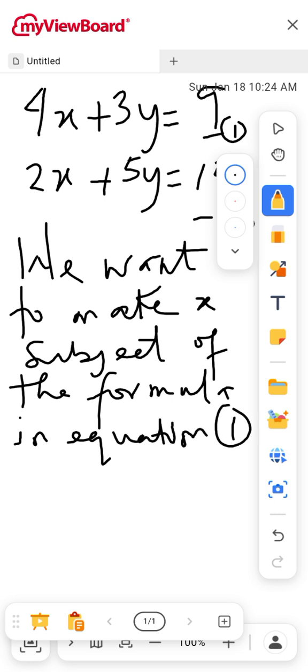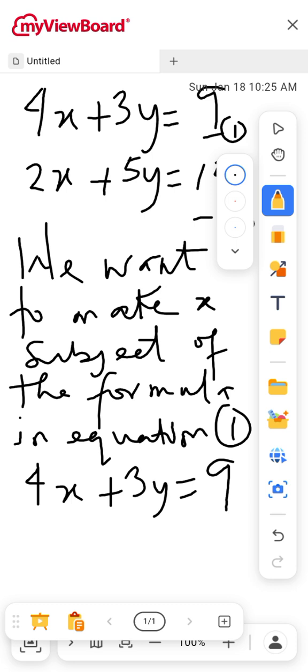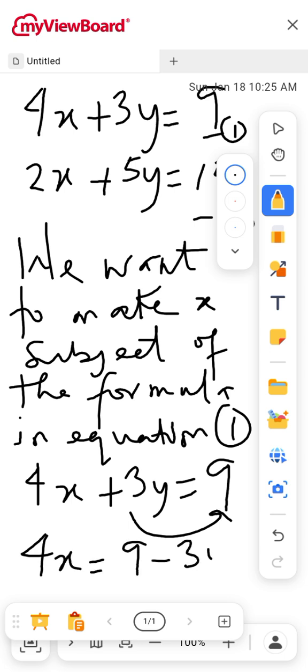Our equation 1 says 4x plus 3y equals 9. In making anything the subject of the formula, let's collect this to the side first. So we have 4x equals 9 minus 3y.